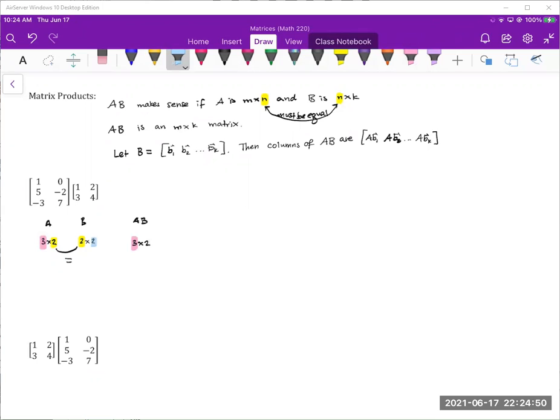And the way that we're going to define this is that our matrix is going to be formed by taking A times the column 1, 3, and A times the column 2, 4.